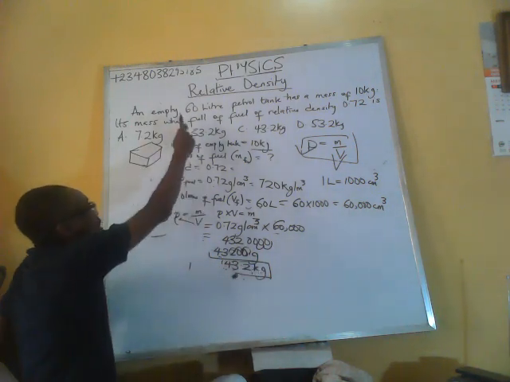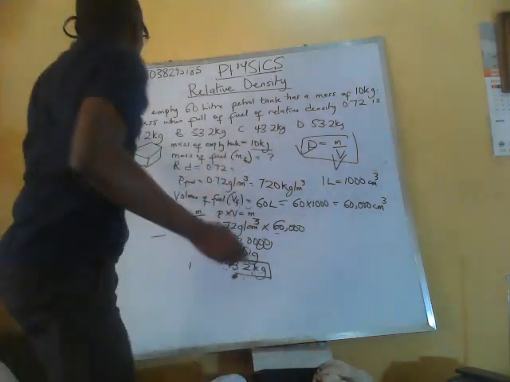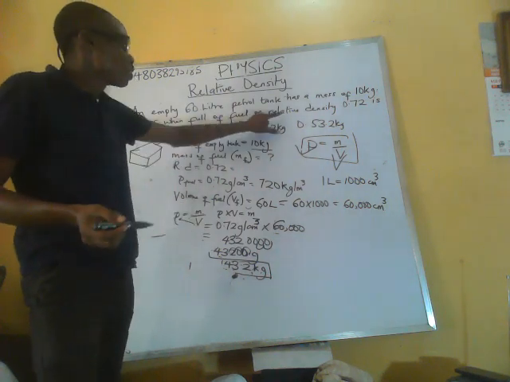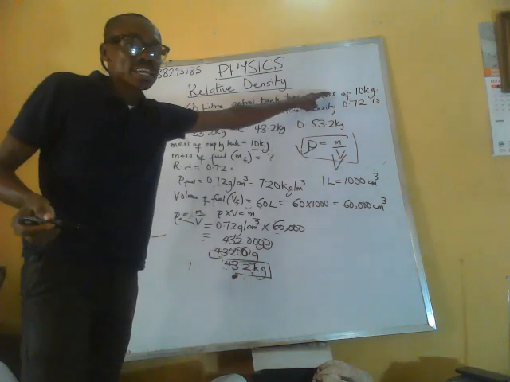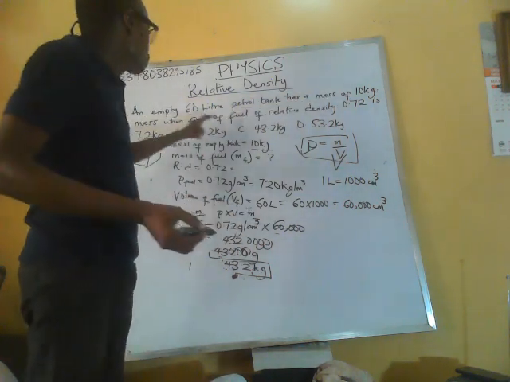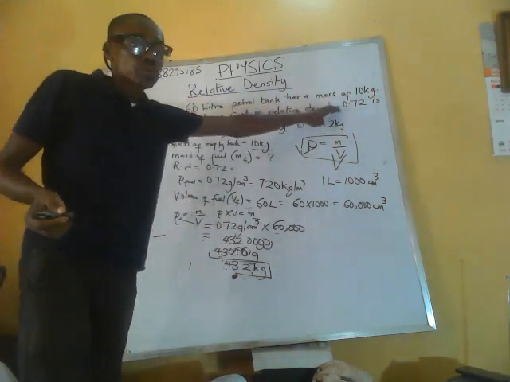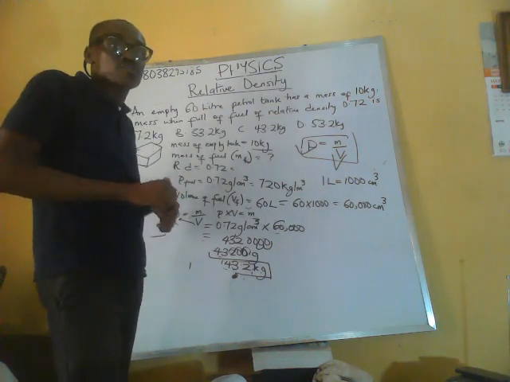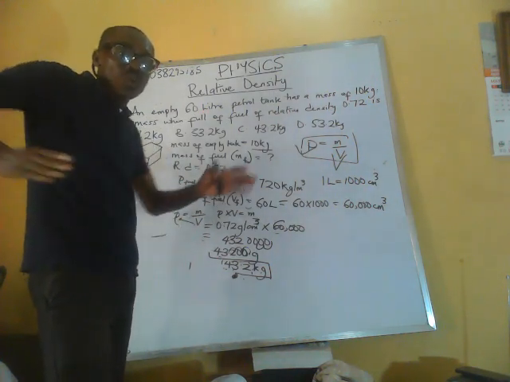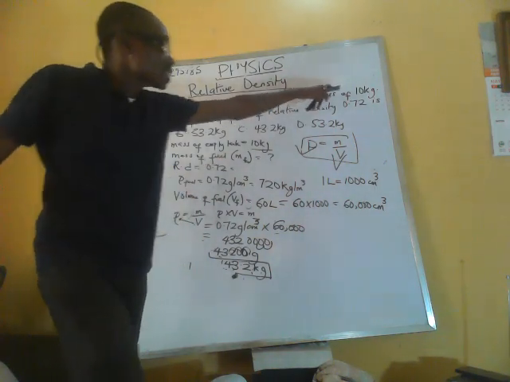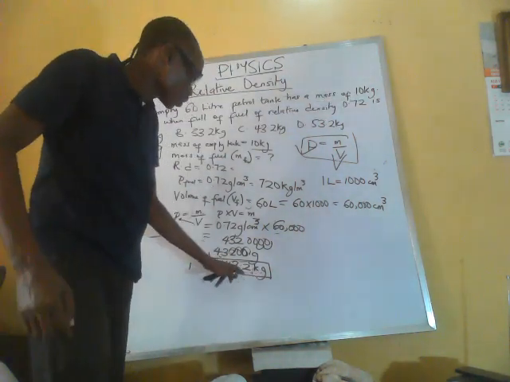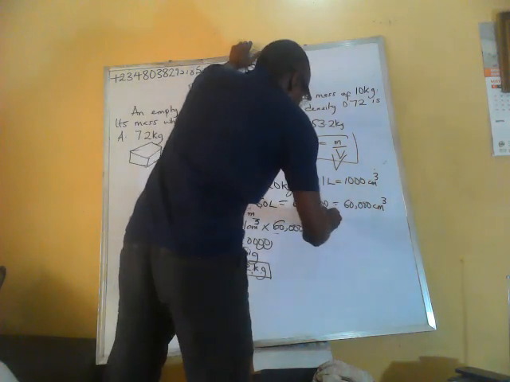The question was, the mass of the tank when full of fuel of this relative density is what? An empty 60 liters petrol tank has a mass of 10 kg. Its mass when full of fuel of this density is dash. So when full of fuel, we are going to add the mass of the tank and the mass of the fuel. The mass of the tank is 10 kg. The mass of the fuel is 43.2 kg. So you add everything together.